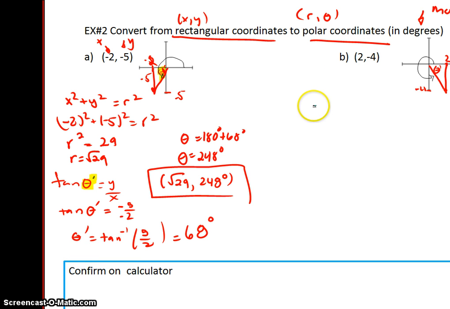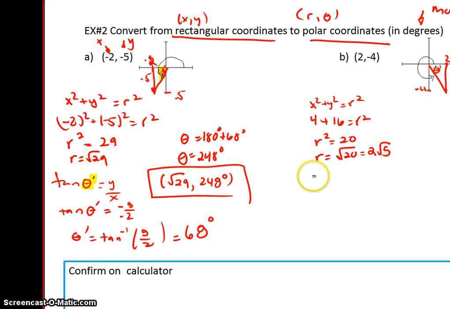Okay, so let's find r. X squared plus y squared is r squared. My x is 2, so 2 squared is 4, plus y is -4 squared is 16. Our r squared is 20, so r is the square root of 20, which is 2 root 5.